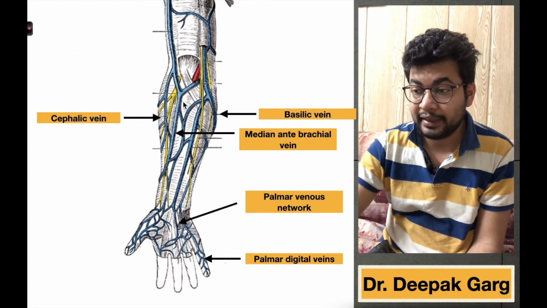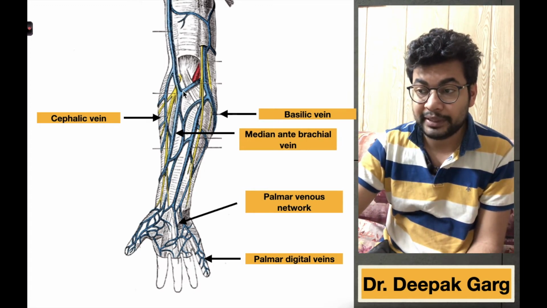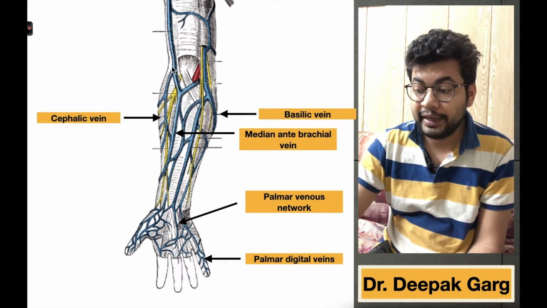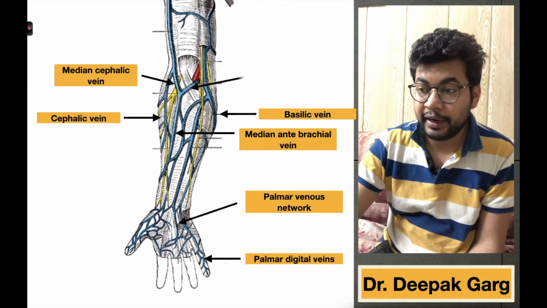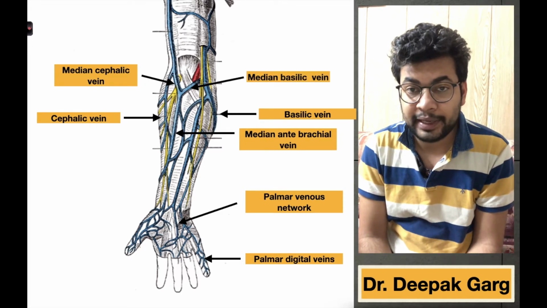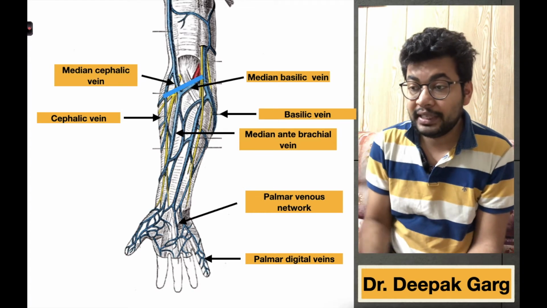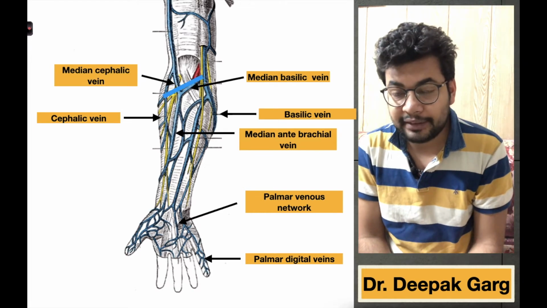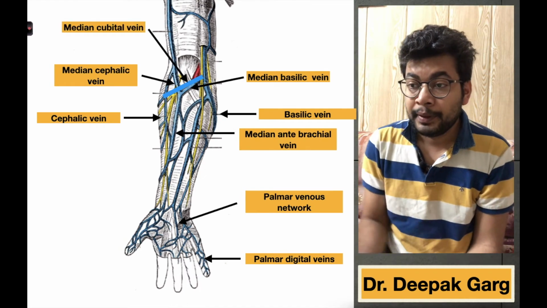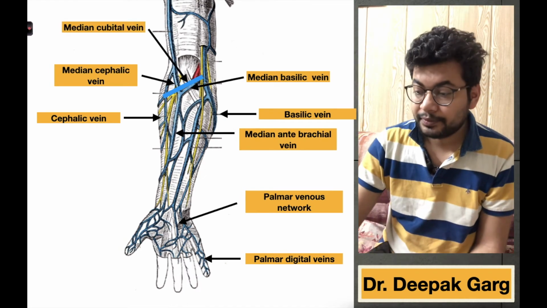The median antebrachial vein is draining into the cephalic and the basilic mainly via two veins. The one draining into the cephalic vein is called the median cephalic vein, and the one draining into the basilic vein is called the median basilic vein. Sometimes there is a direct connection between the cephalic and the basilic vein. It is called the median cubital vein.